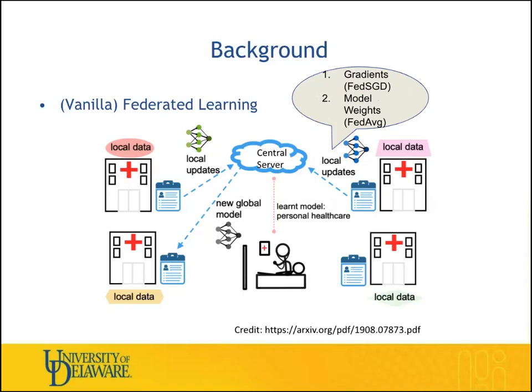In both settings, the central server takes an average of all the uploaded gradients or model weights to construct the new global model, and then sends it back to these four hospitals as their collaboratively learned global model. If they decide to continue training, the same process is performed again.